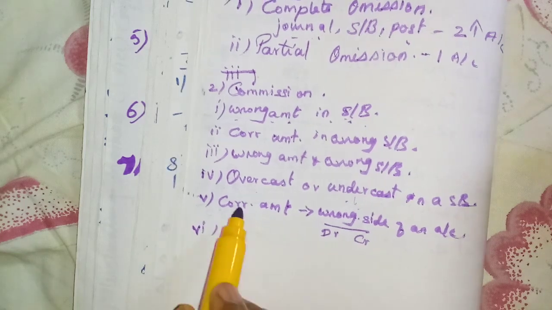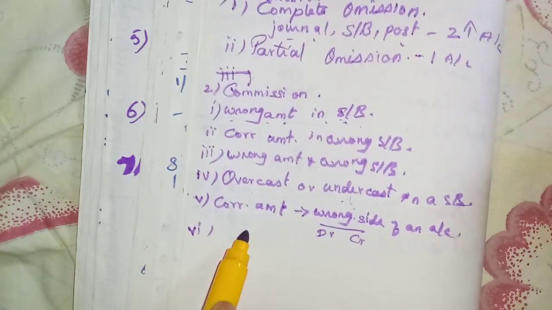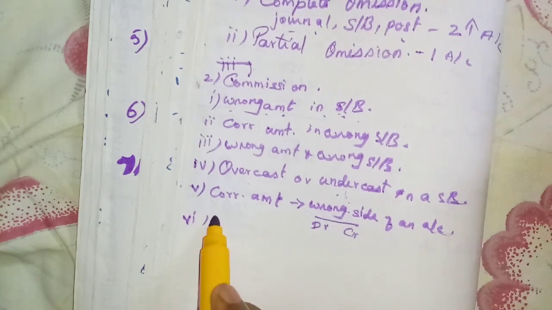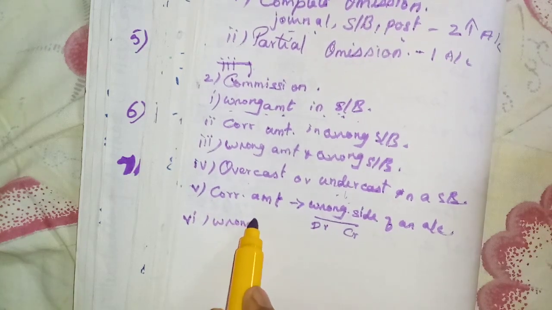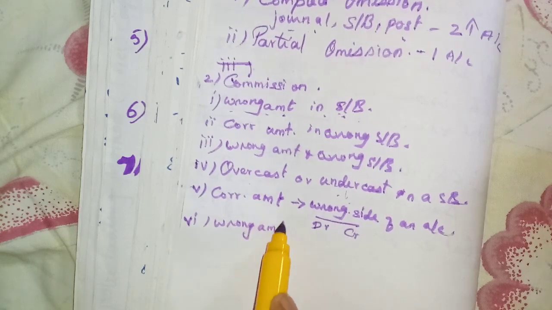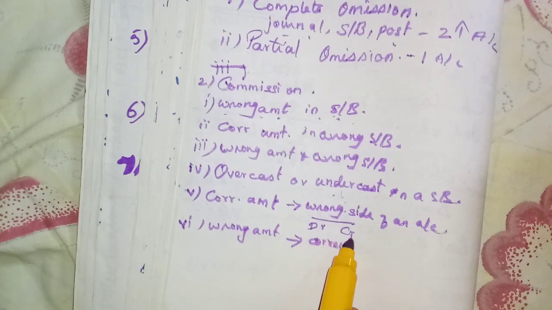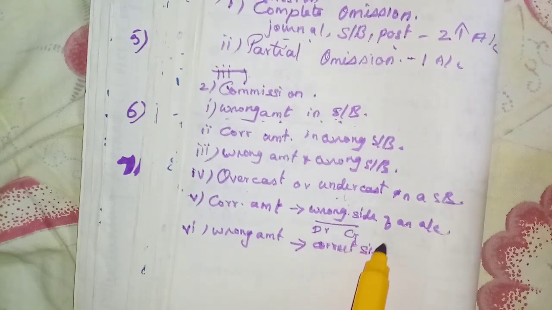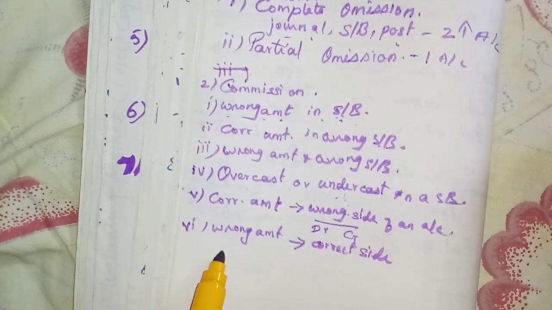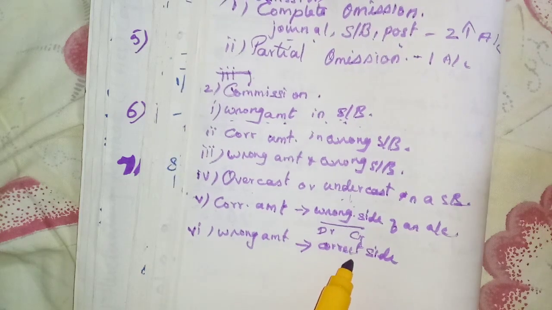Here also, they may enter the wrong amount on the correct side of the account. In different ways they can make errors, isn't it? Wrong amount, but on the correct side of the account.